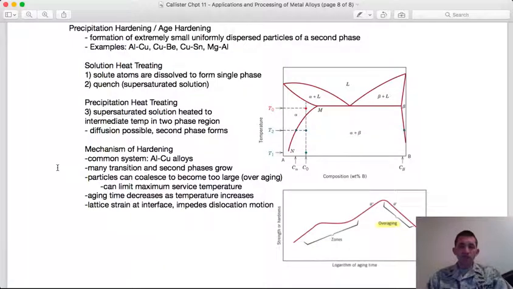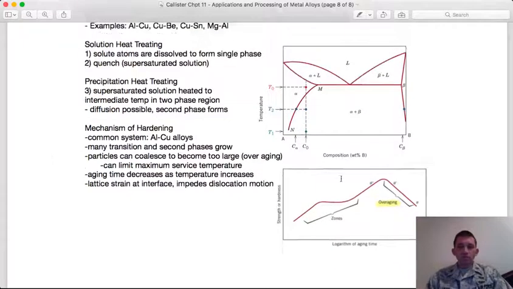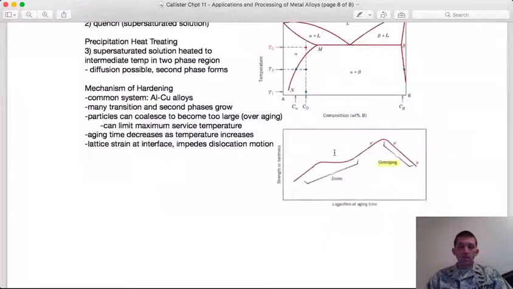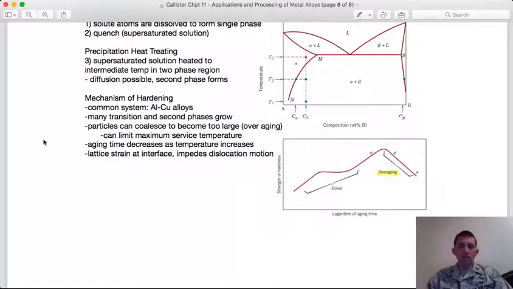Now you have a lesser dispersion of larger particles, and so the strengthening that you had, you lose because your particles become too big. And so there is a sweet spot, and that goes into the particular processing for a certain alloy, right? There's a certain time that you age it for, and then you bring it back down to lock that in.